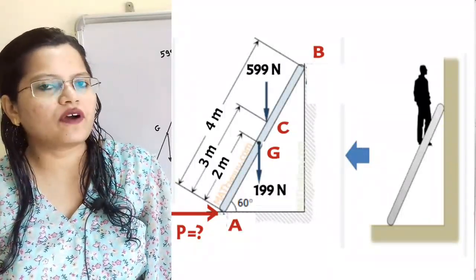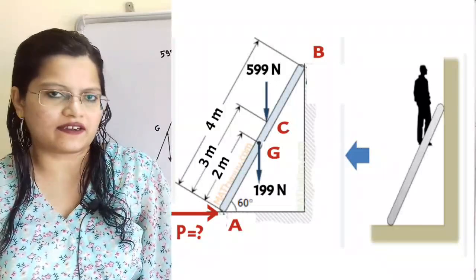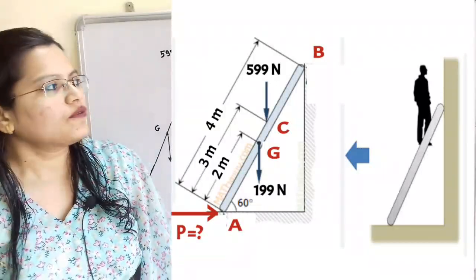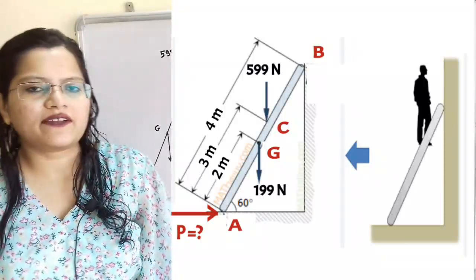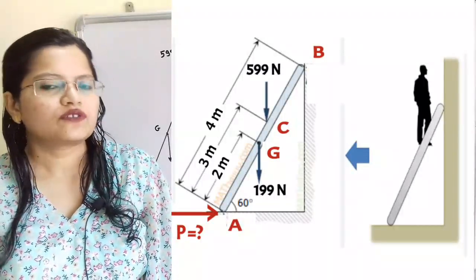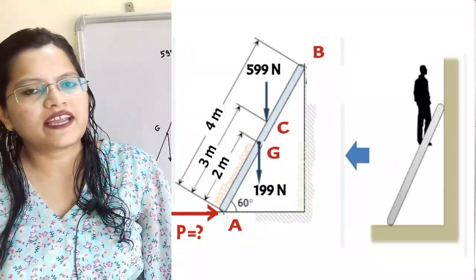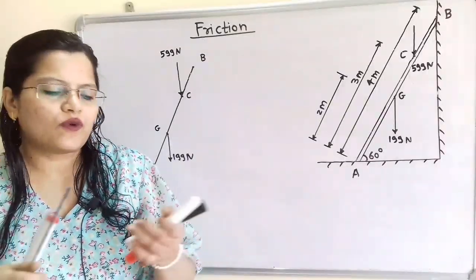So we have to first show the motion of this ladder at point B as well as at point A. Point B is in contact with the vertical wall, so due to the gravitational force, this ladder will tend to move in the downward direction.